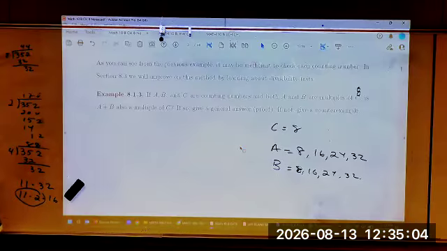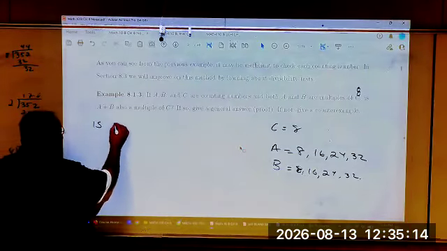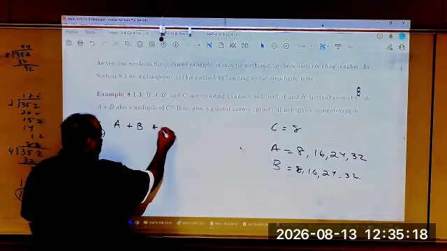So the question is, if A and B are both multiples of C, is A plus B a multiple of C?